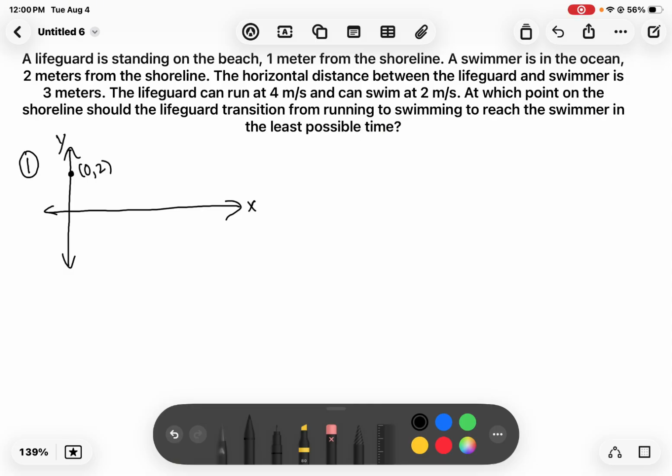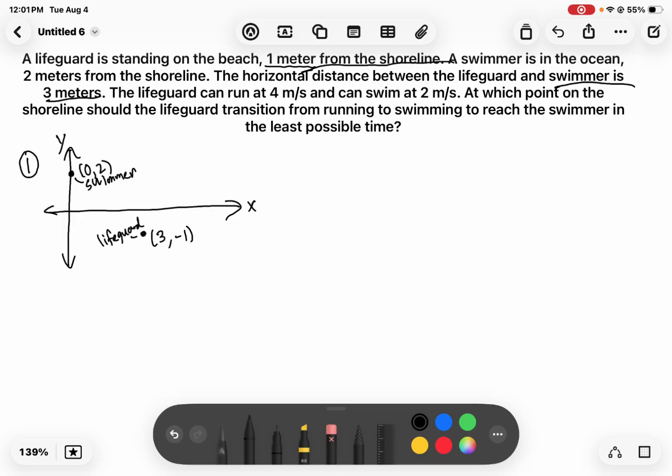And then our lifeguard is 1 meter from the shoreline and 3 meters horizontally from the swimmer. So the lifeguard is at the point (3, -1). All right, so this is our swimmer, and this is our lifeguard. All right, very good.